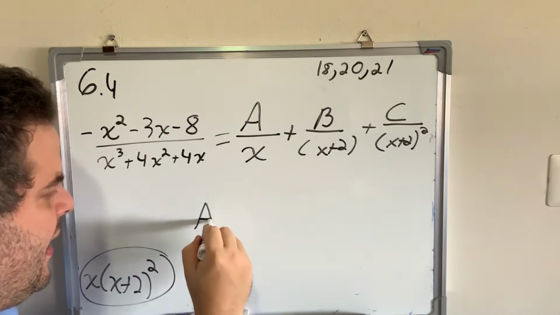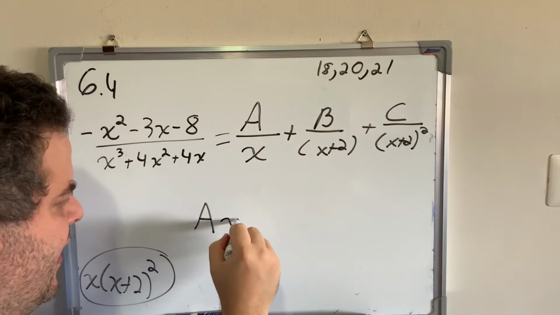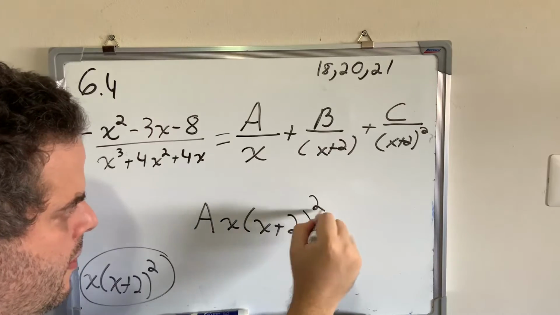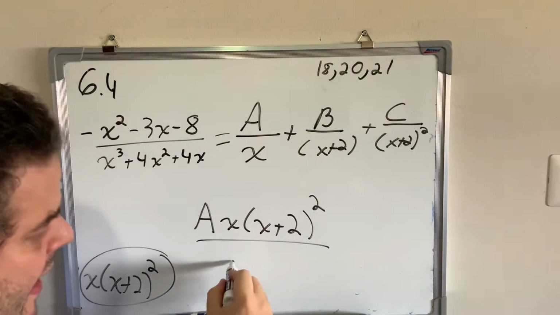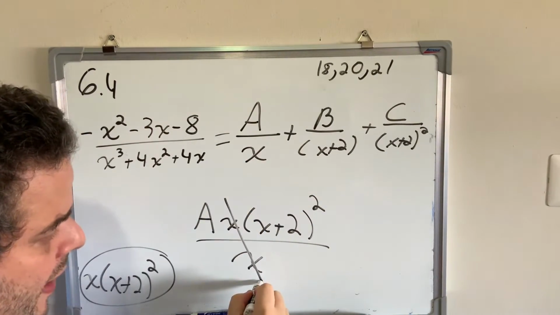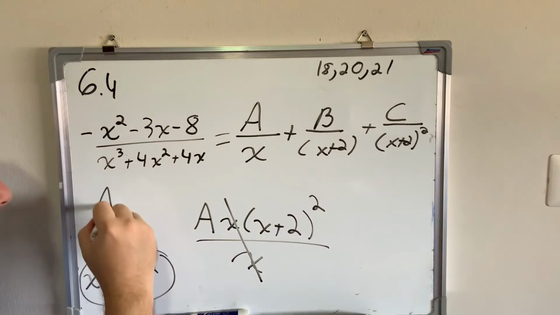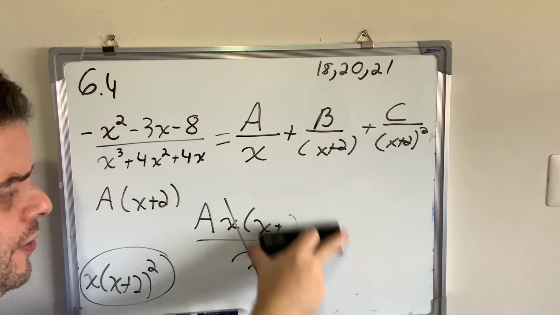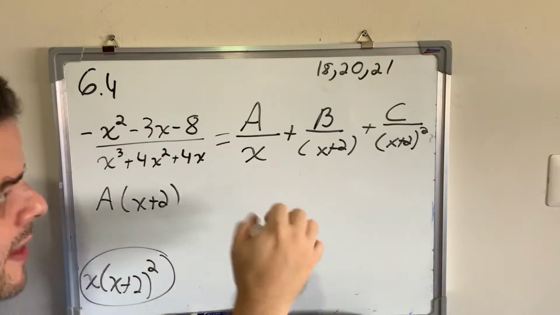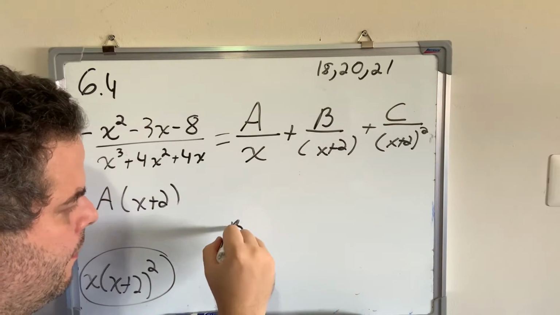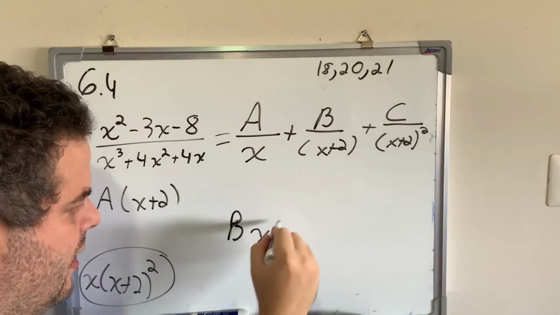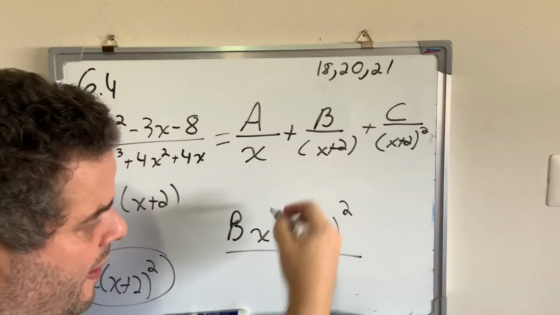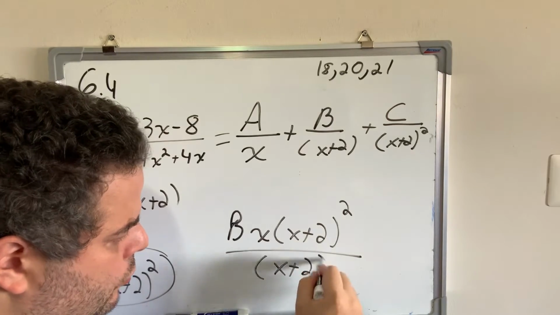When I multiply a by this expression and then divide it by x, you simplify. I'm left with a times x plus 2 squared. That's my first term. Now I'm going to multiply b times my lowest common denominator and divide by x plus 2.